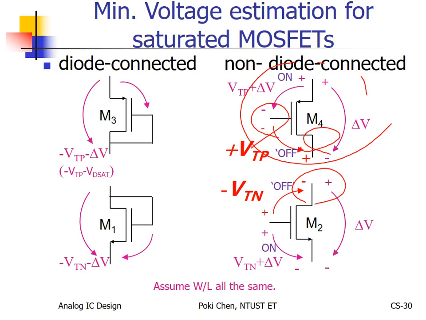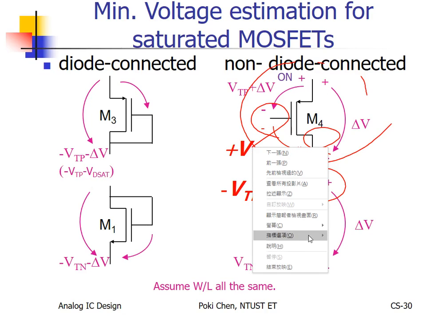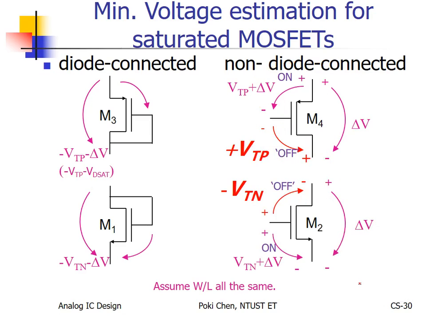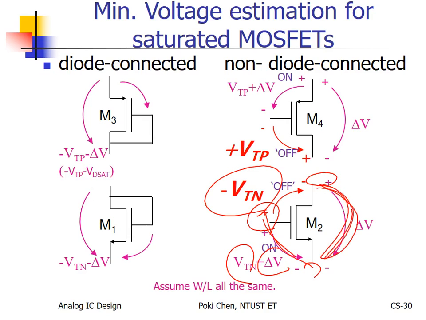So what is the critical condition? The extreme condition: the gate needs to be 1 VT and 1 delta V higher than the source, but the drain can be 1 VT lower. So the minimum voltage between drain and source to operate in saturation region is delta V. Got it?